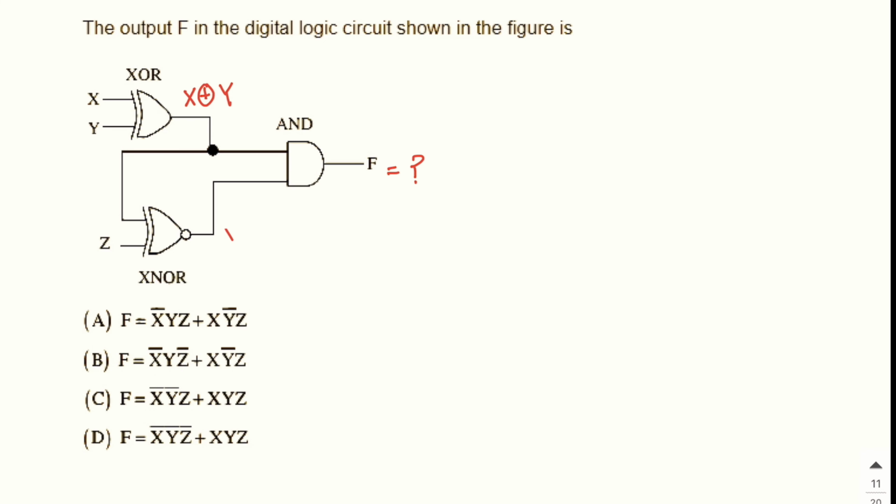This is the XNOR gate. So this is actually X XOR Y, because this output is coming from here to the input of this gate.